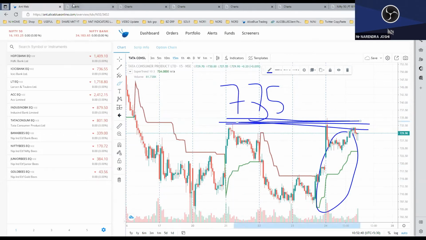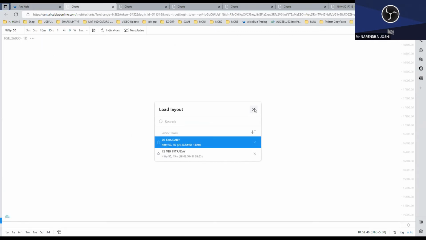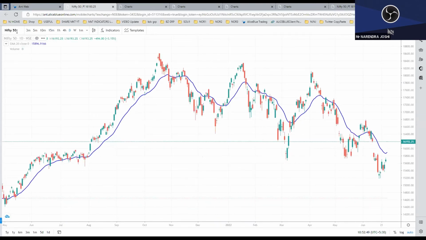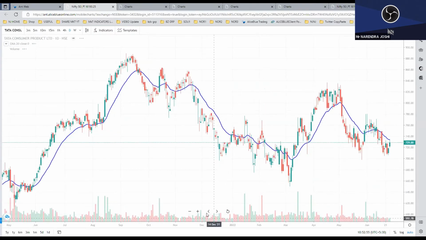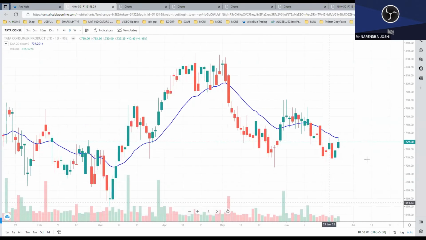So what was the trend on the short term? See, on short term also we have got Tata Consumer trading near resistance. Now see how you can get stocks for your trading, especially intraday trading, where we have to focus.